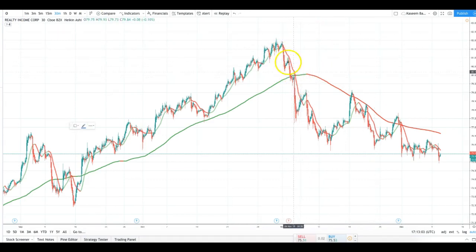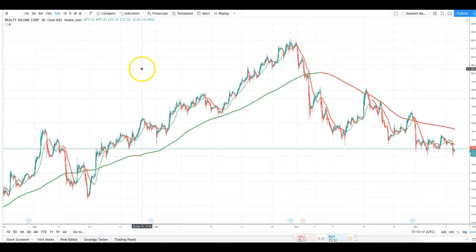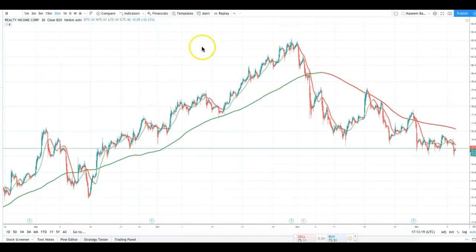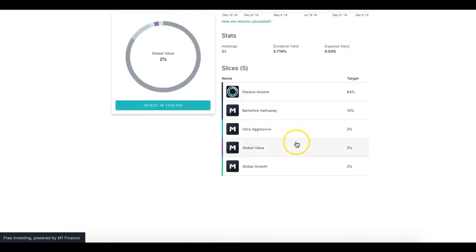For example, let's say you decide to short here and get out here, boom, you'll be able to make 5% on those trades. These are things that people take advantage of in the market. Trading helps create an income source that you can then feed back into long-term investment strategies like this.